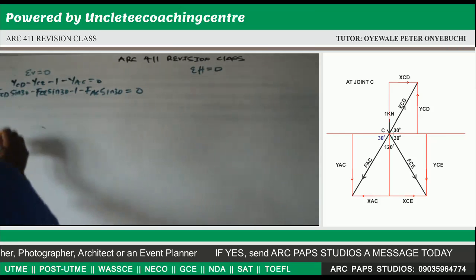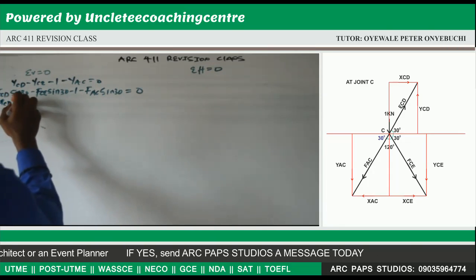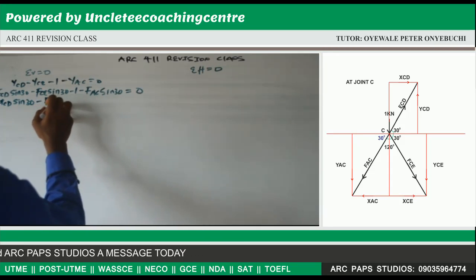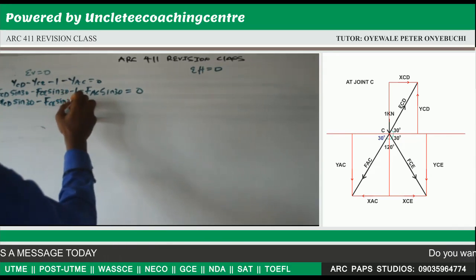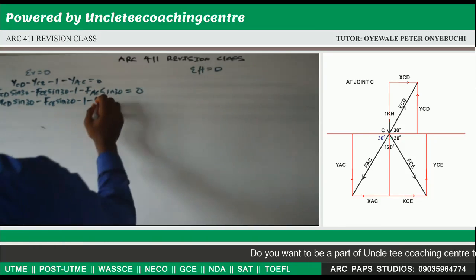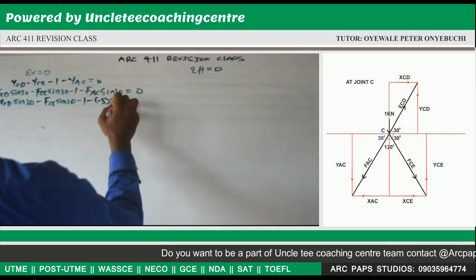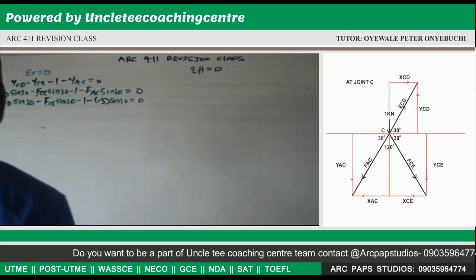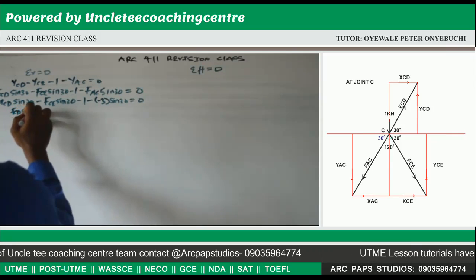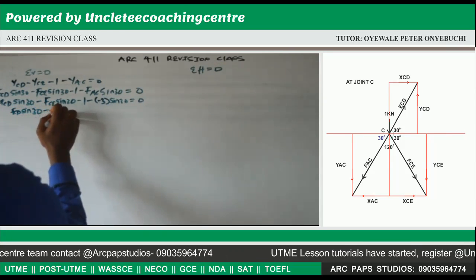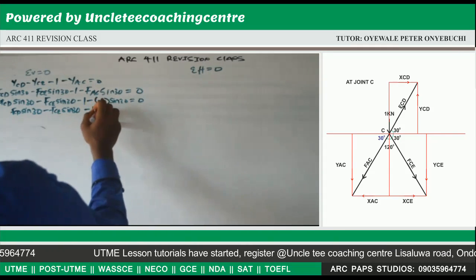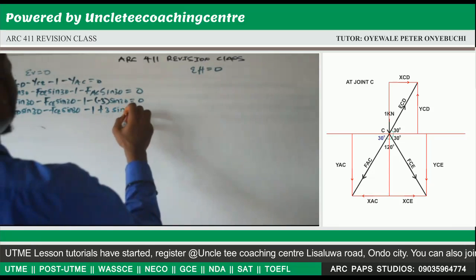Now we don't know our FCD, so this FCD sine 30 minus, we don't know FCE sine 30 minus 1 minus, we got our FAC to be minus 3, so this will be minus 3 sine 30 is equal to 0. Now this will give us FCD sine 30 minus FCE sine 30 minus 1 minus times minus plus 3 sine 30 is equal to 0.